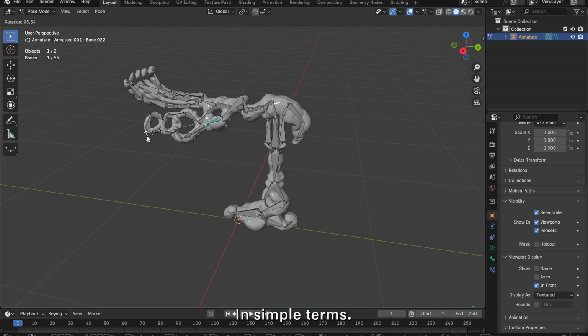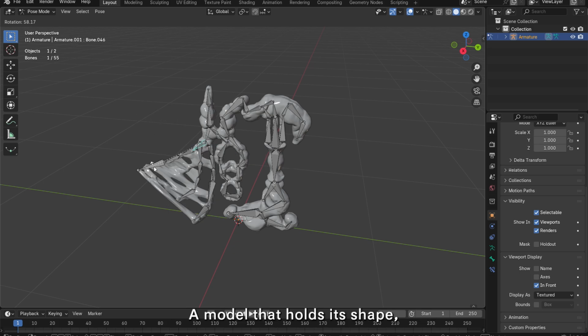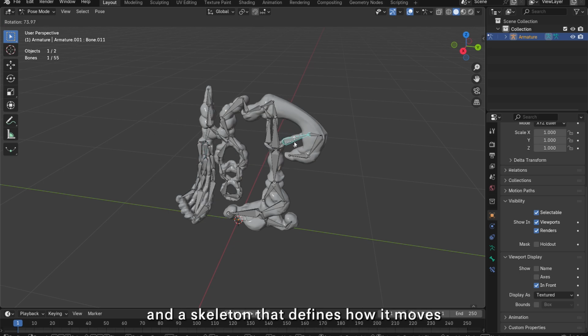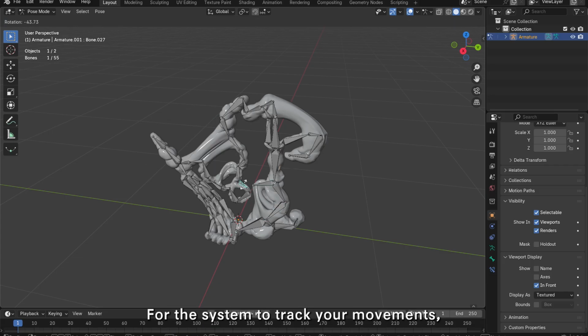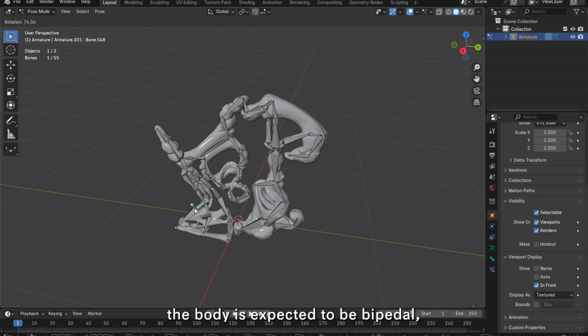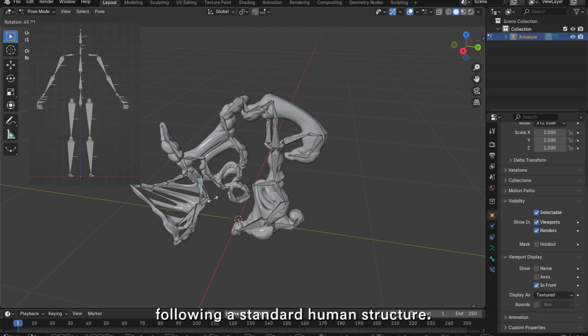In simple terms, a digital body is built from two parts: a model that holds its shape and a skeleton that defines how it moves. In VR, for the system to track your movement, the body is expected to be bipedal, following a standard human structure.